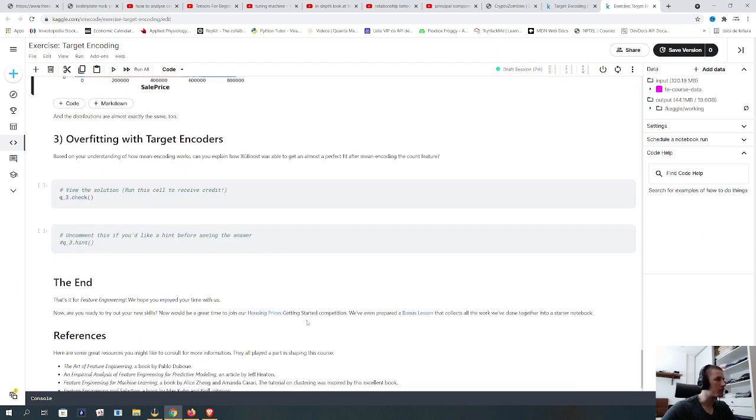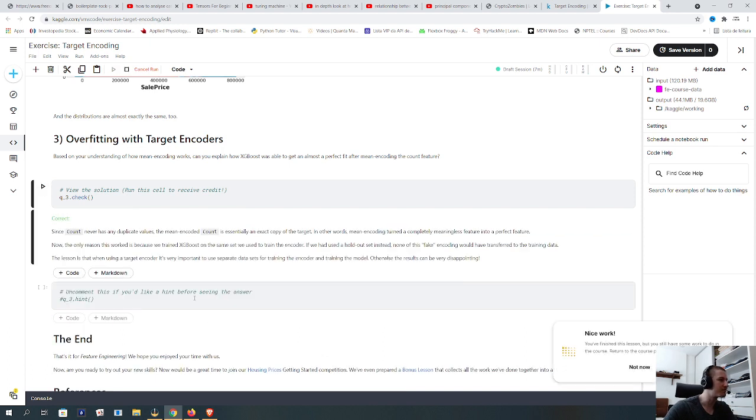Overfitting with target encoders. Based on your understanding of how mean encoding works, can you explain how XGBoost was able to get an almost perfect fit after mean encoding the count feature? No, honestly. Since Count never has any duplicate values, the mean encoded Count is essentially an exact copy of the target. In other words, mean encoding turns a completely meaningless feature into a perfect predictor.